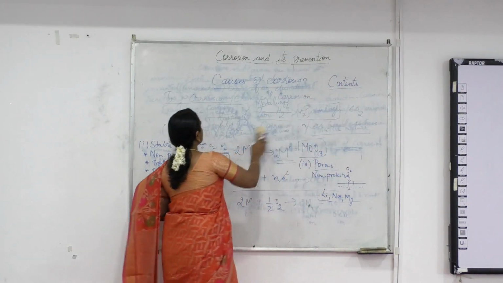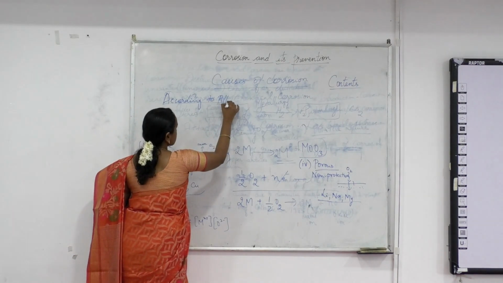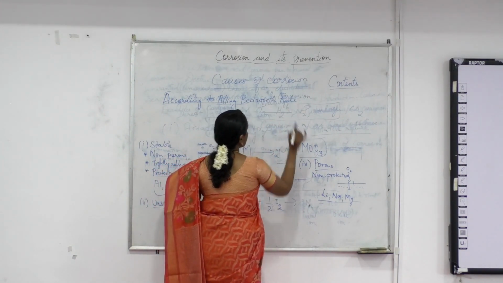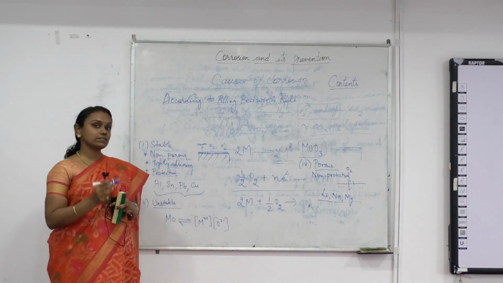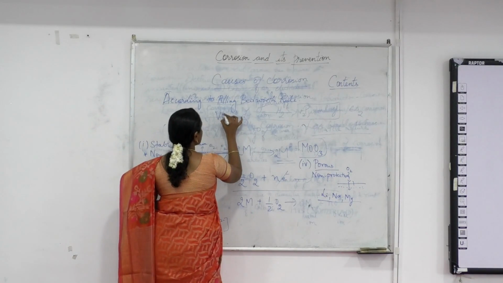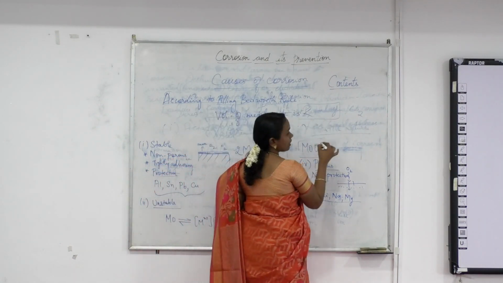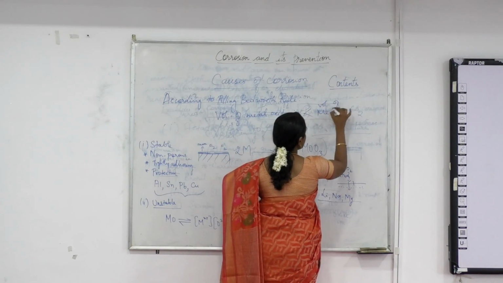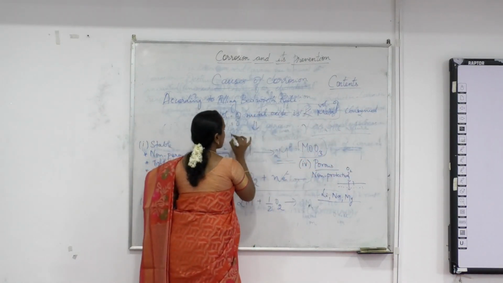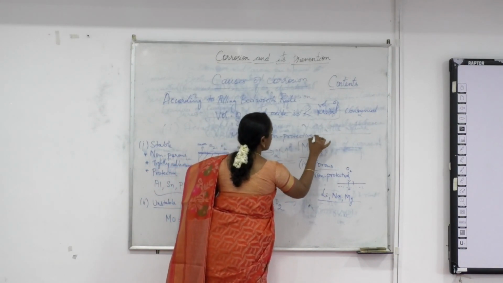According to the Pilling-Bedworth rule, if the volume of the metal oxide that is formed is less than the volume of the metal consumed, then the metal oxide is non-protective or porous.